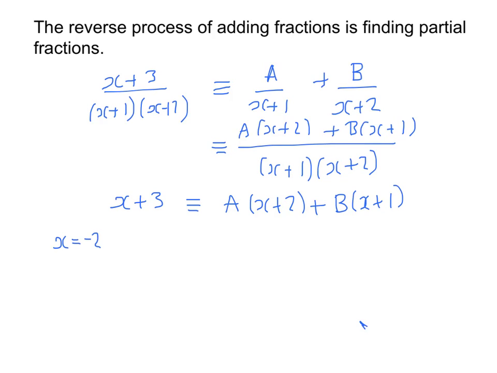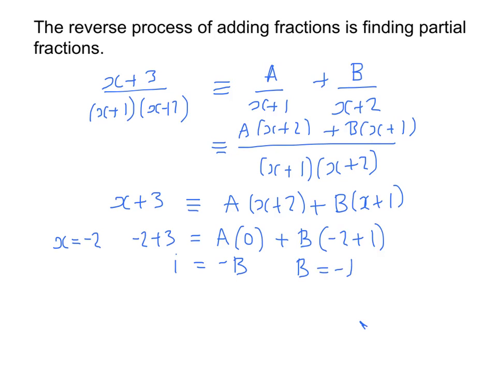So on the left-hand side we've got minus 2 plus 3 equals A times 0, because x is minus 2, and B times minus 2 plus 1. Okay, so we've got 1 equals no A's and minus B. So that tells us that B is minus 1.